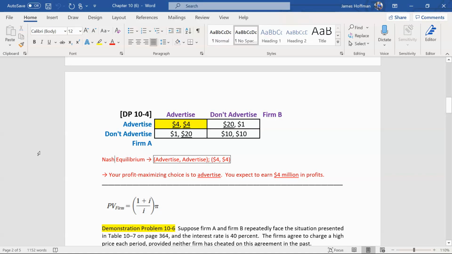The Nash equilibrium here is both firms advertise, both firms get 4 million. Okay, strategies, then payouts, and then the question was, should you advertise or not? What do you expect to get? Okay, so your profit maximizing choice is to advertise, and you'd expect to earn 4 million because that's what the Nash equilibrium result is.